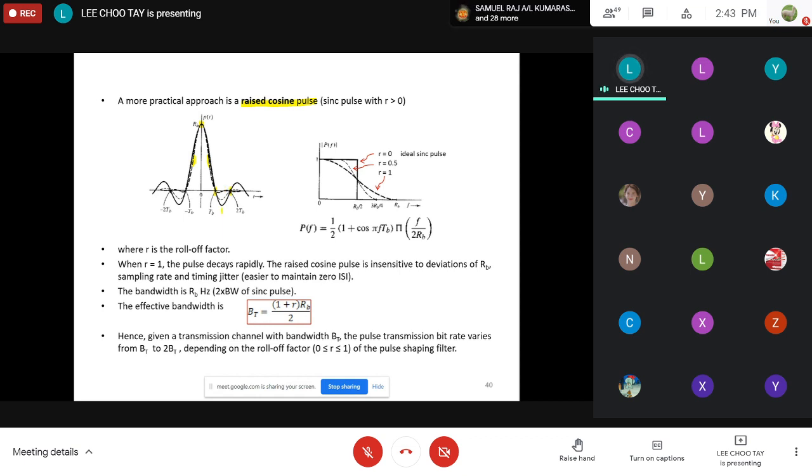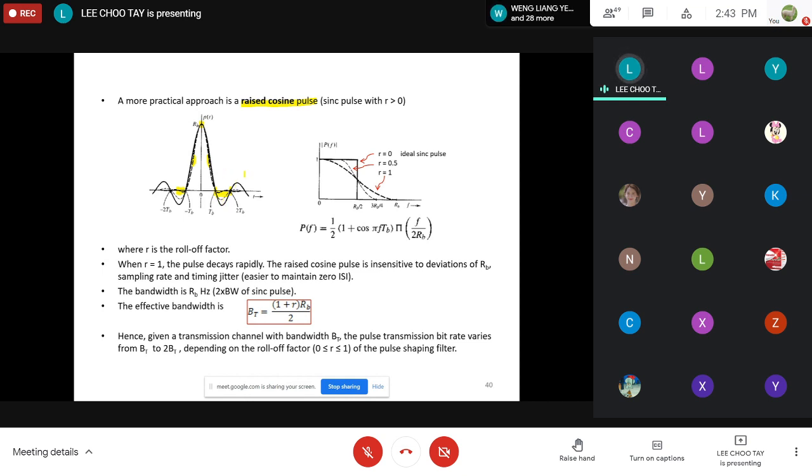At 2TB, the amplitude is 0. And in between here, by the time the next pulse needs to be sent, the amplitude is also very close to 0 already. It decays very rapidly over here. So that means the raised cosine pulse is better than the sync pulse.